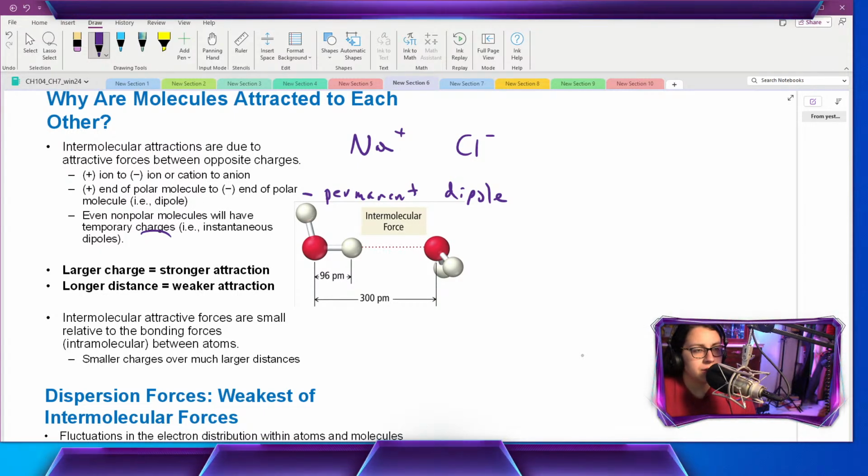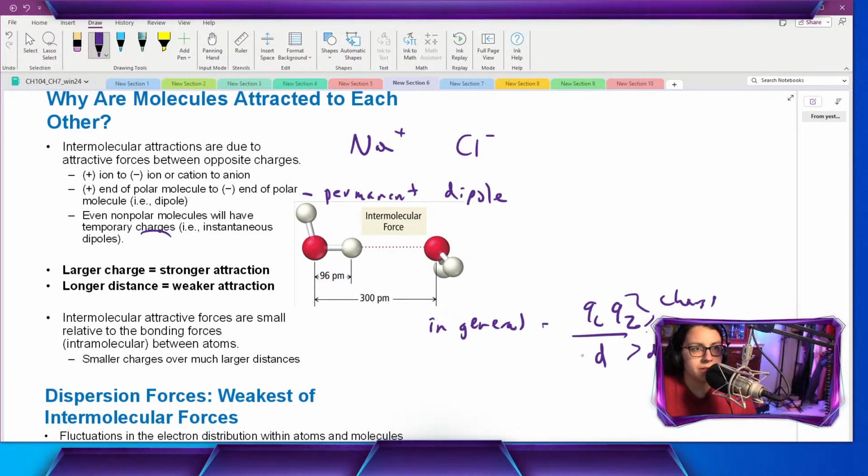And so generally, the Coulombic attraction, this is just in general, it's given by Q1 times Q2 divided by the distance. And so this is basically charge over distance. So again, smaller distance is greater attractive forces.